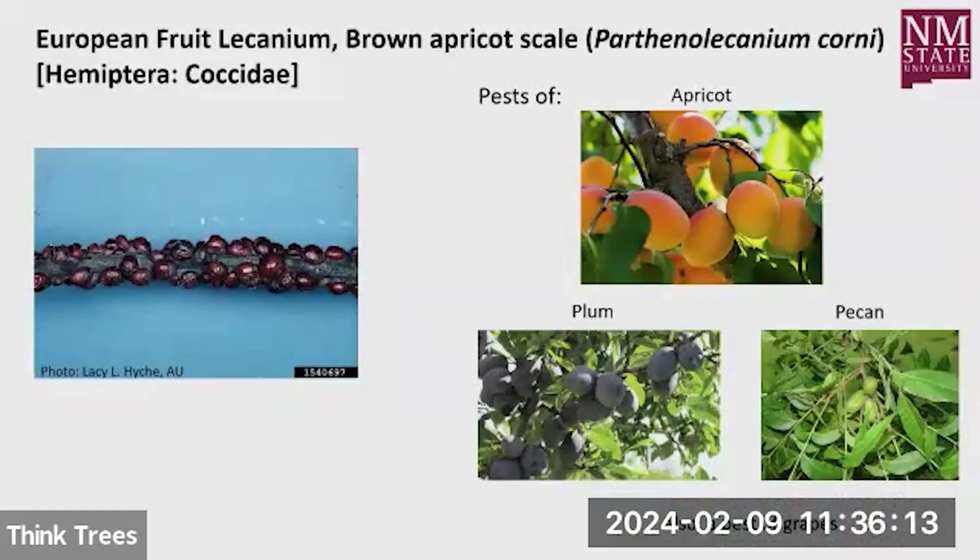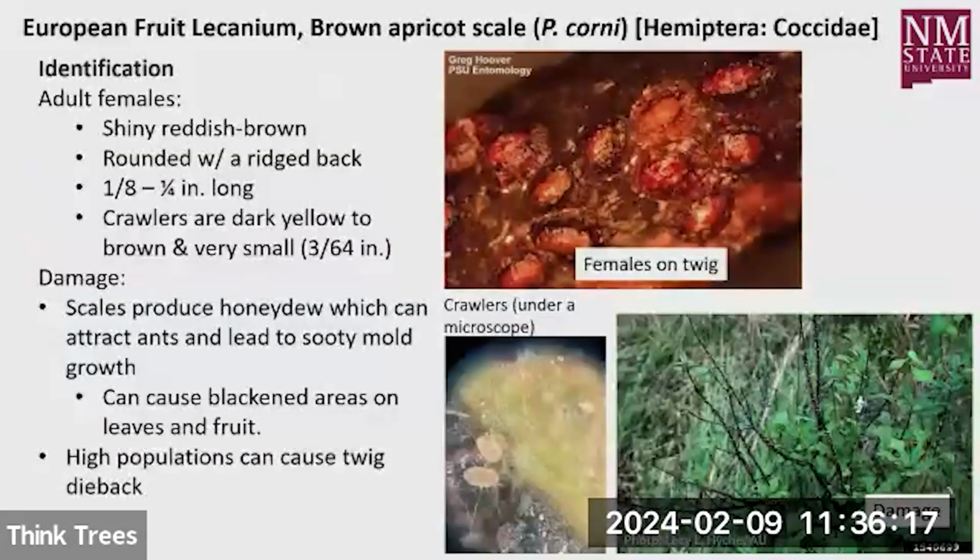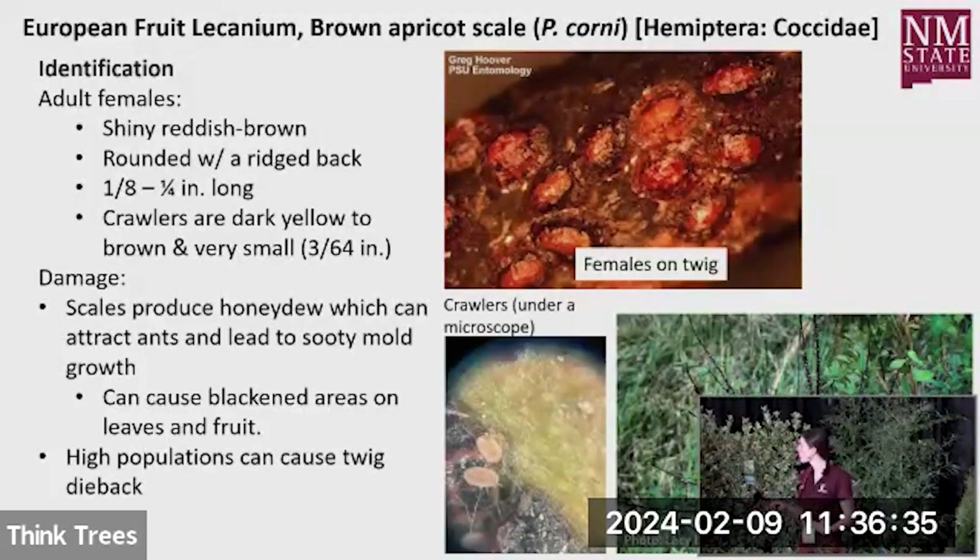Next one, the brown apricot scale. I've had quite a few of these sent in. So these, like any other scale, have these waxy coverings. The adult females are a shiny-ish brownish color, and they have this covering that looks kind of like a turtle shell almost, with ridged backs, and they are small, and they have those crawlers as well.